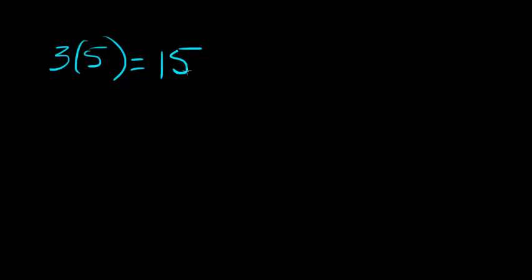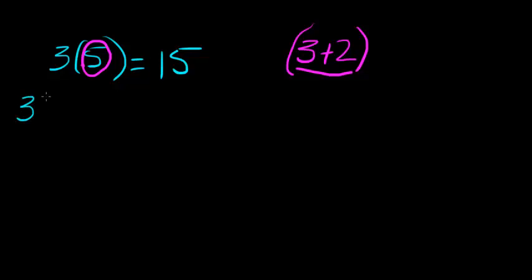Okay? So if I want to substitute here, try and think of it. Can you think of a different way to write 5? That's 5, right? So I'm going to take this 5 out and I'm going to substitute in the same quantity written a different way. So then it would be 3 times 3 plus 2 equals 15, right?